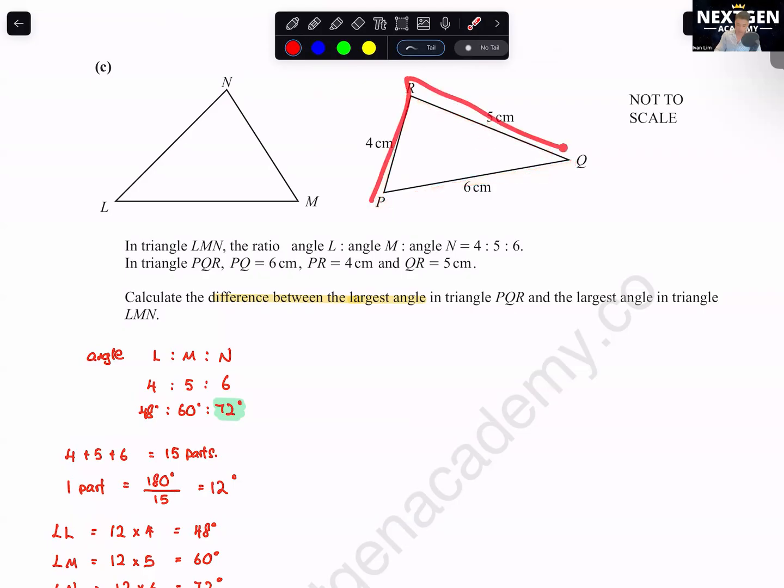If my mouth is here, I need to open 6 cm, right? The angle will be bigger. If my mouth is here, I need to open 4 cm only. Make sense? So this part here will be the biggest angle.